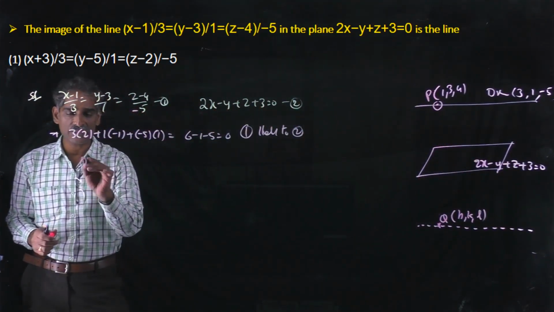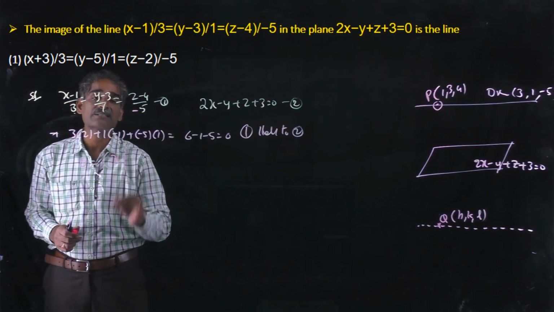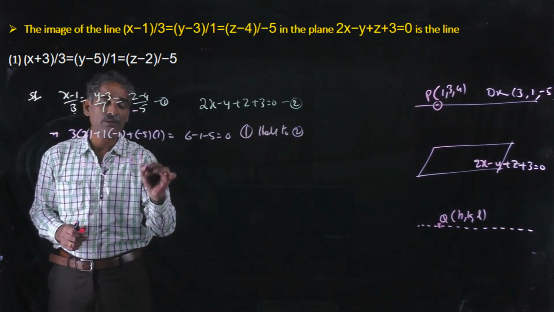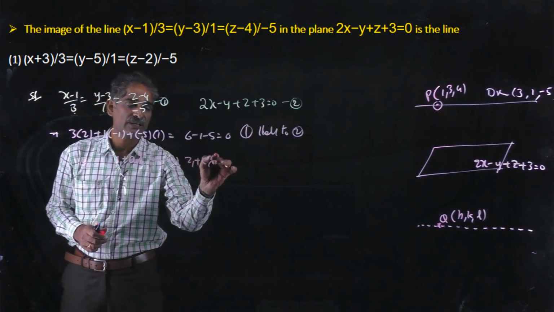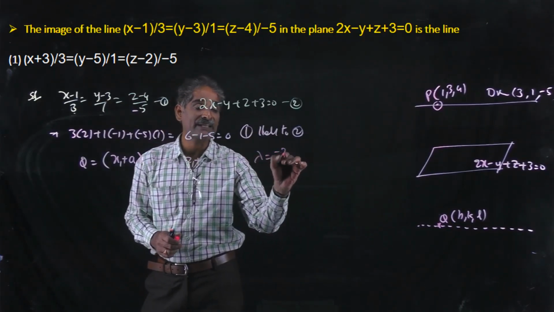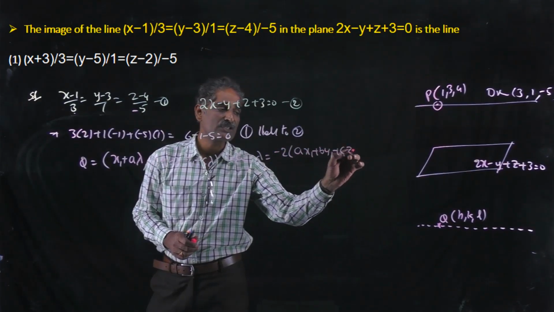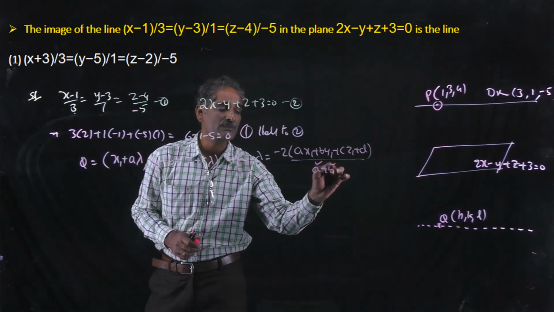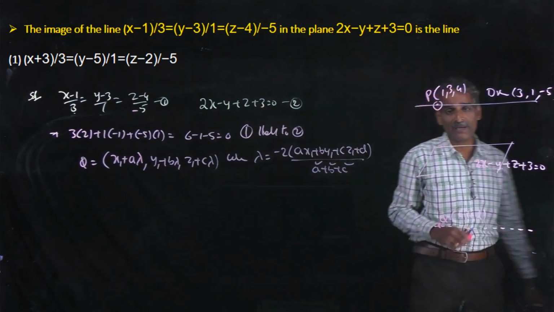The coordinates of Q are (x1 + Aλ, y1 + Bλ, z1 + Cλ), where λ is equal to -2 times (Ax1 + By1 + Cz1 + D) divided by (A² + B² + C²). This is the formula to find the image of any point with respect to the plane.